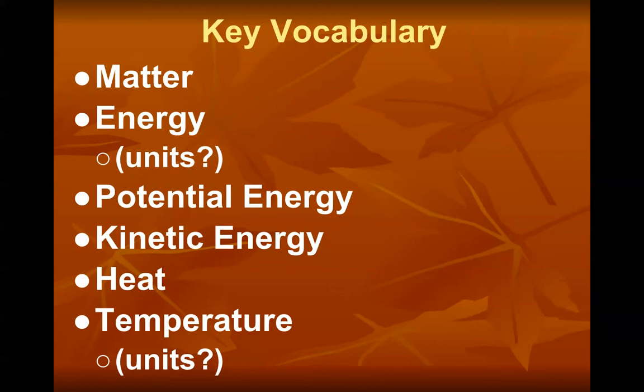And lastly, I'd like you to draw a little picture for each one. Draw a little picture of something for matter. It could be atoms, it could be a scale for mass, and a graduated cylinder for volume, anything you want, some kind of picture to help you learn what each of these words mean.